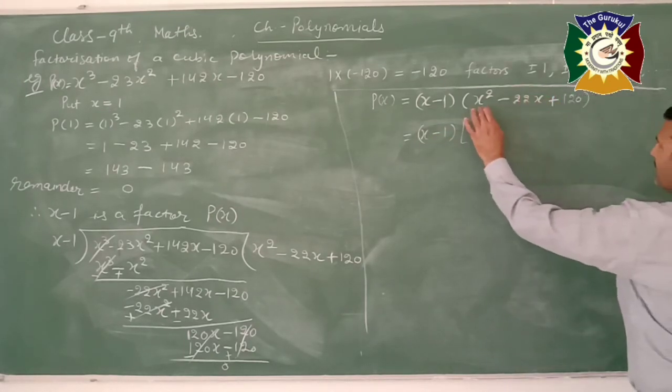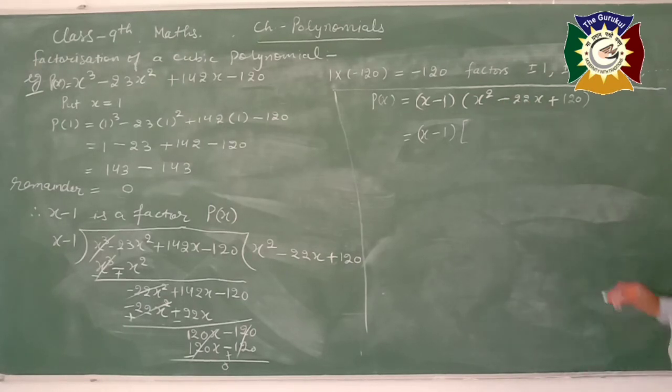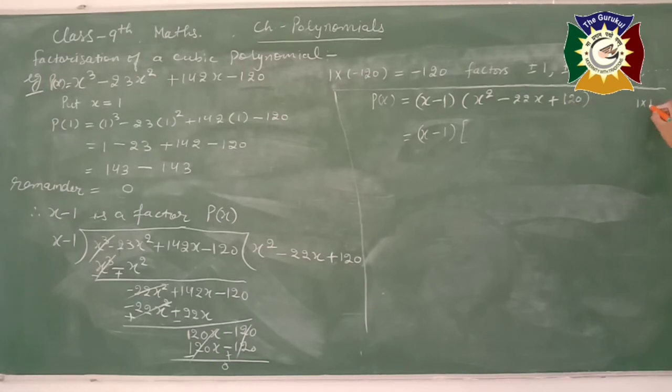As we know, we can find the factors of a quadratic polynomial by splitting the middle term. So we will use the method of splitting the middle term. Multiply the coefficients of the quadratic and constant terms. 1 multiplied by 120 is 120. We will make the factors of this. 12 multiplied by 10 is 120.